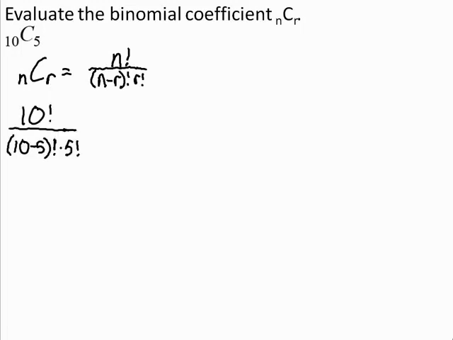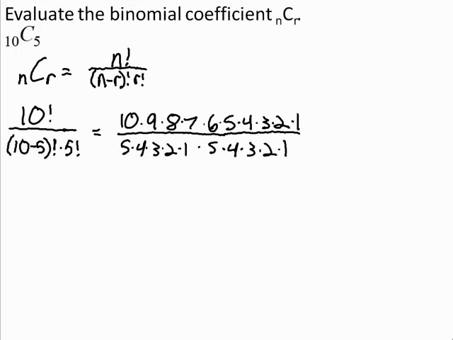Evaluate the binomial coefficient NCR, 10C5. The equation for a binomial coefficient is NCR equals n factorial divided by n minus r factorial times r factorial. Substitute 10 into this equation for n and 5 into this equation for r. 10 factorial divided by 10 minus 5 factorial times 5 factorial.